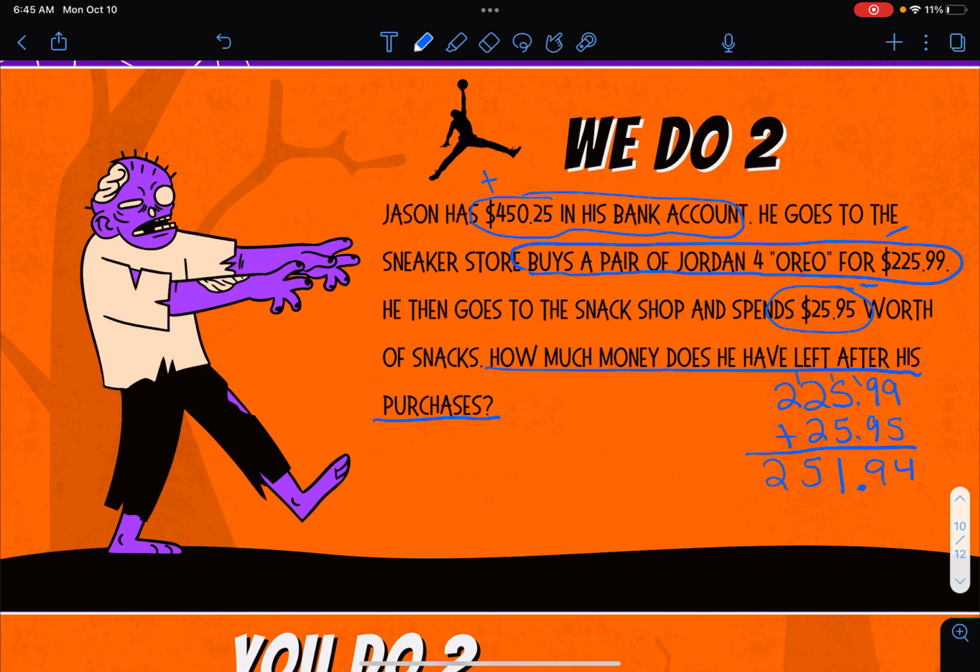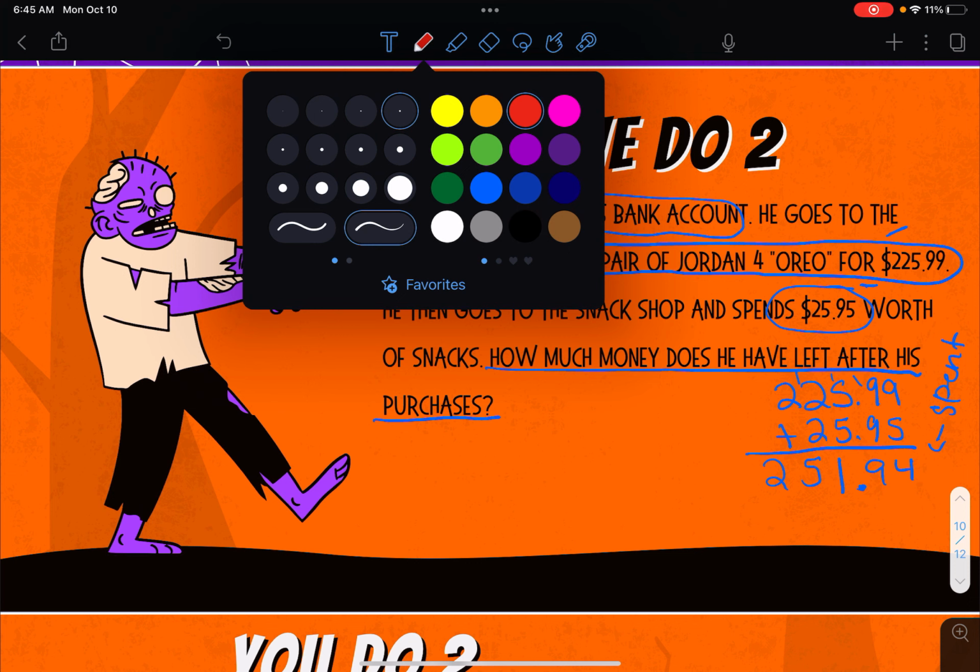This would be a negative because those were both negative. Now we know this is how much he has spent, so we can go ahead and subtract that from his beginning account balance. That's probably hard for you to see on here, right? Let me just put it in black.